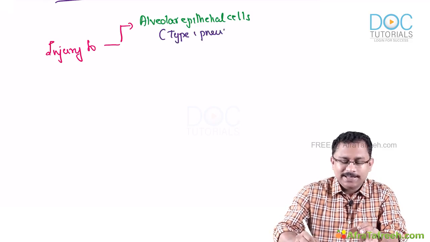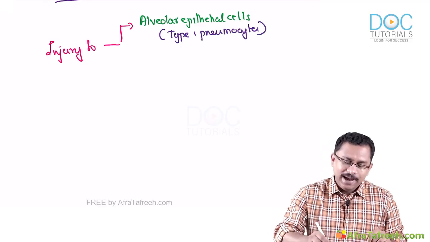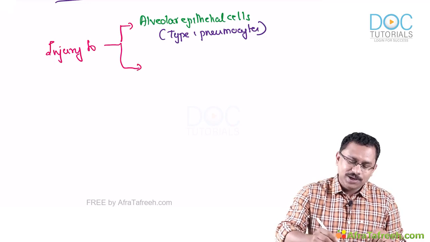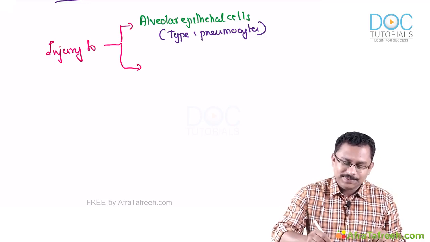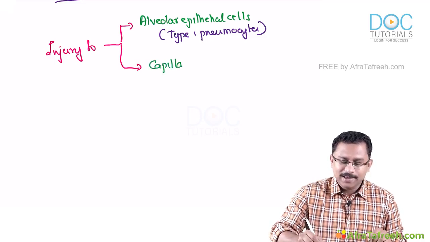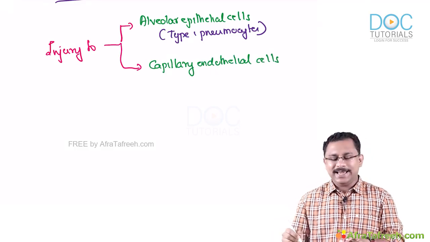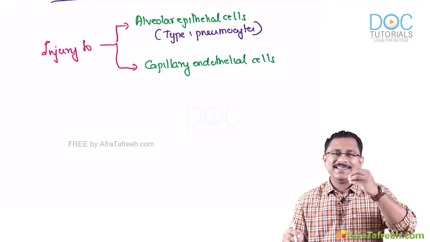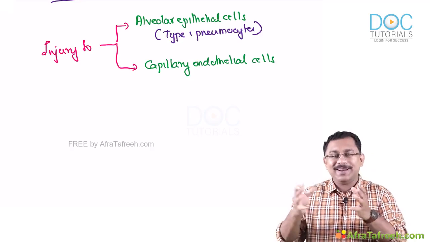Predominantly it is the type 1 pneumocytes that receive the injury. And you also have an injury to the capillary endothelial cells.